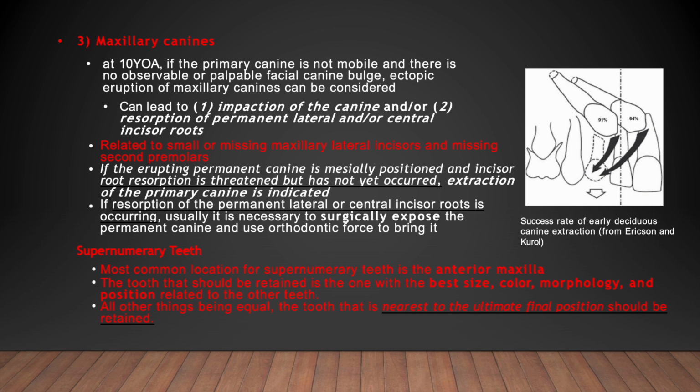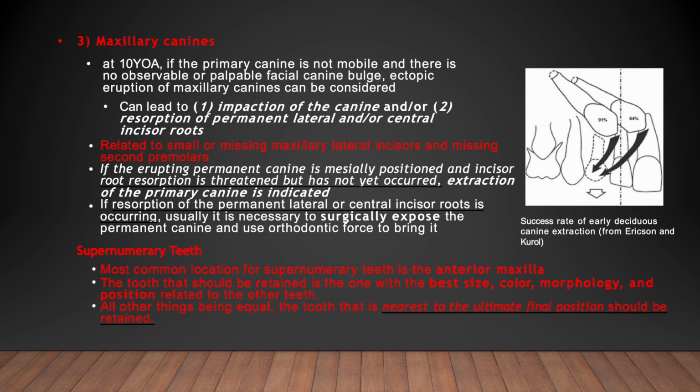Now in Dr. Proffit's book, we have a nice little diagram for the success rate of early deciduous canine extraction. If the erupting permanent canine is mesially positioned, we draw a line by the maxillary lateral incisor, and if it's distal to that line, then you have a 91% chance of bringing this canine in without needing to surgically expose it.